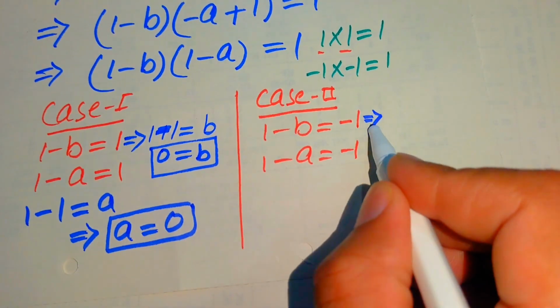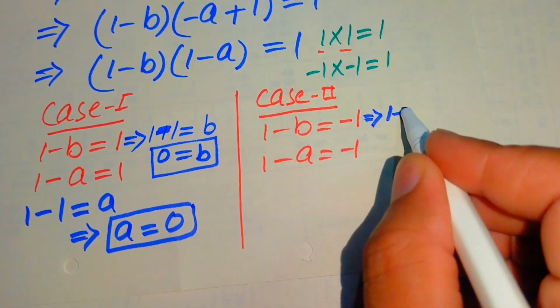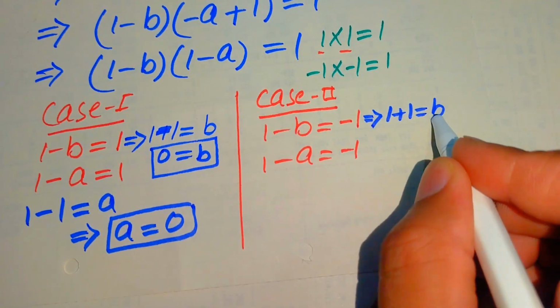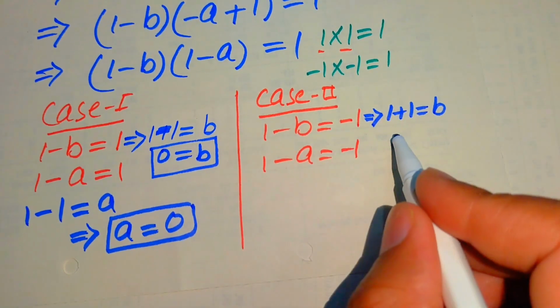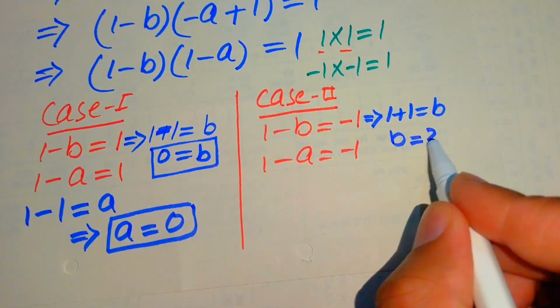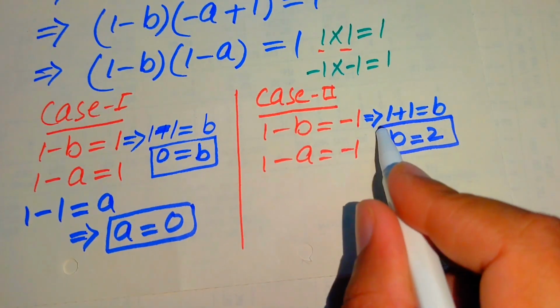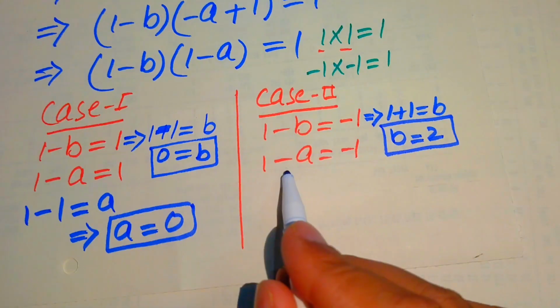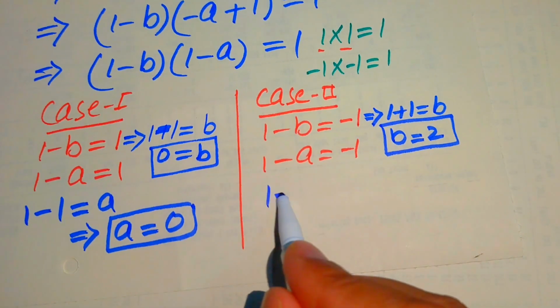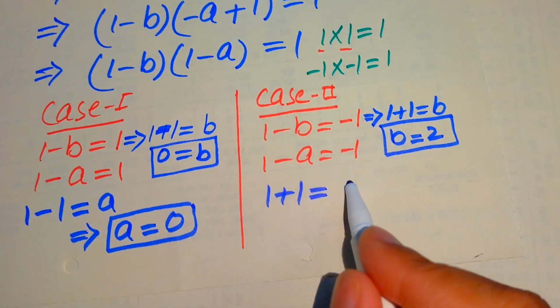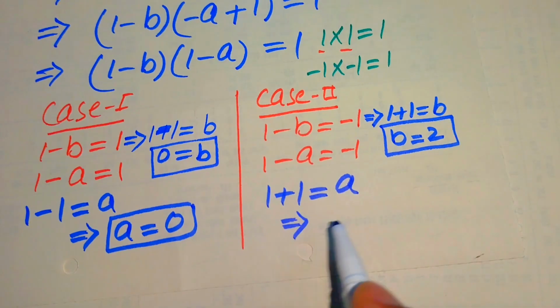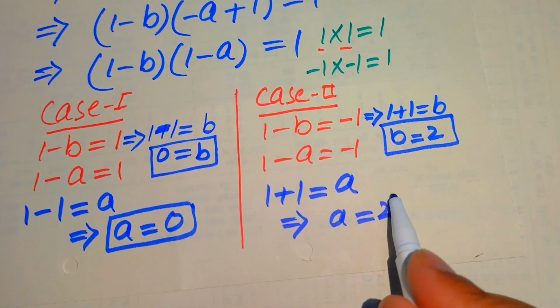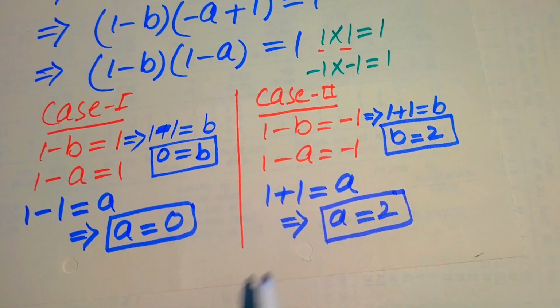So this implies that 1 plus 1 equals b, because this negative 1 becomes positive, and we get the value of b is equal to plus 2. From this case we again move minus 1 to the left hand side, and we get 1 plus 1 is equal to a, and this implies that the value of a is equal to plus 2.